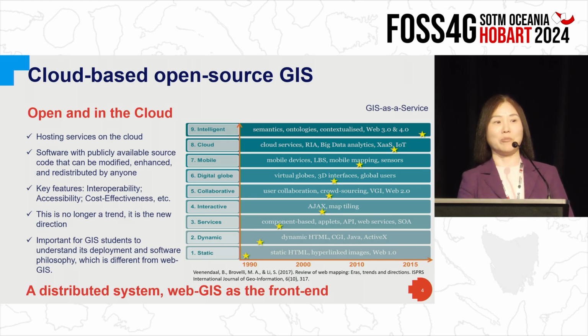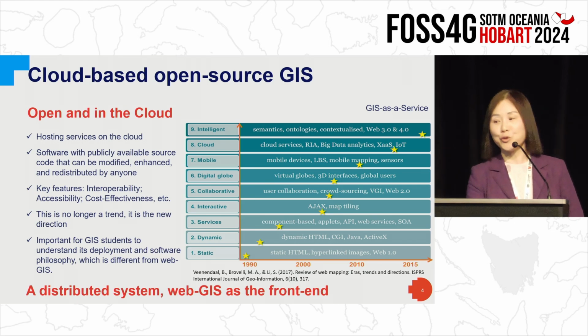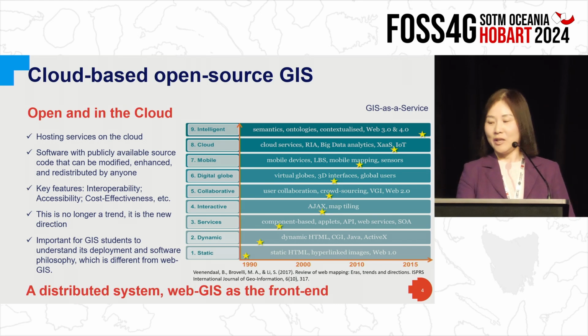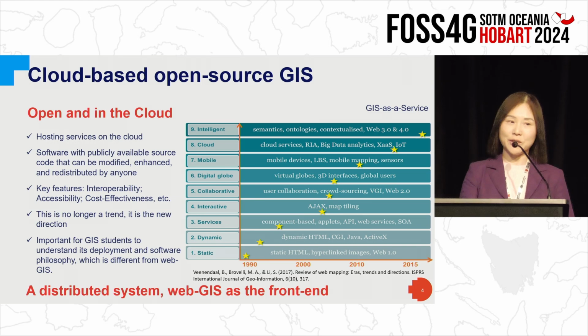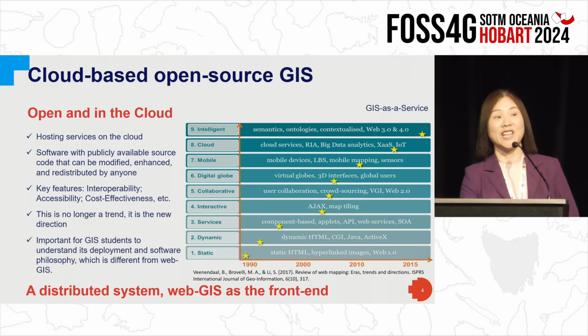There's a lot of new technology and a lot of new tools we can use. However, how can we take advantage of these cloud services in new GIS teaching, and why do we need to use open source, or what are the advantages of using open source GIS, and how can we put them together to teach new GIS students at the university?